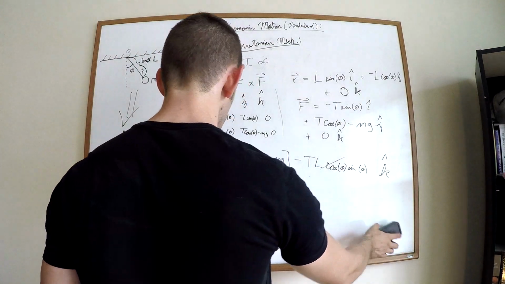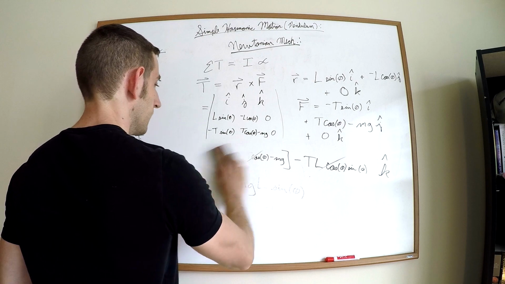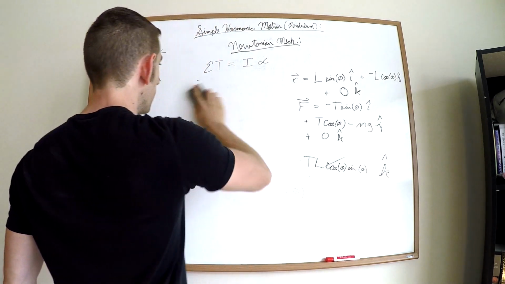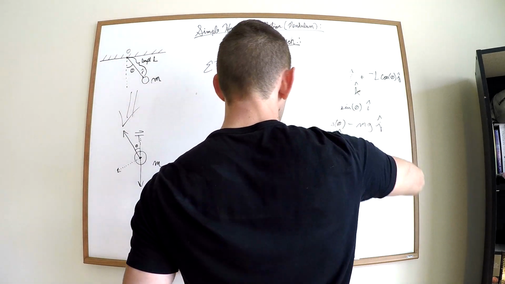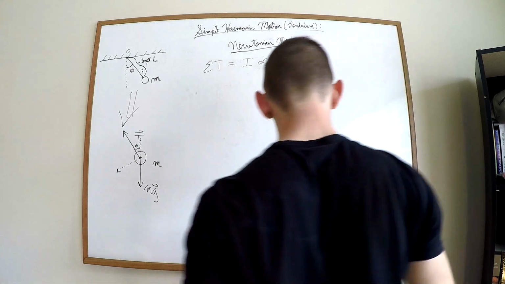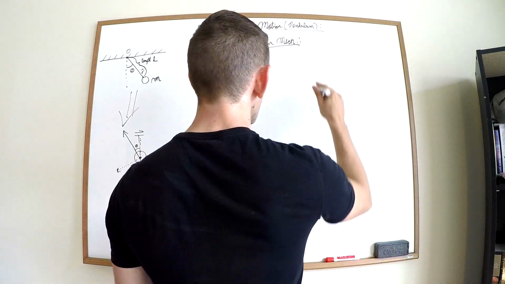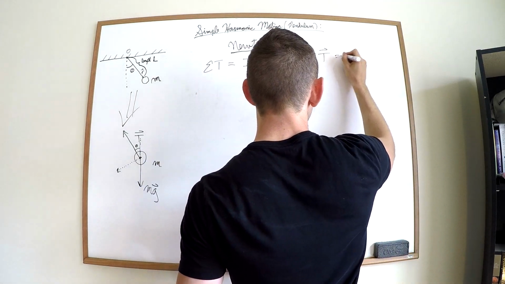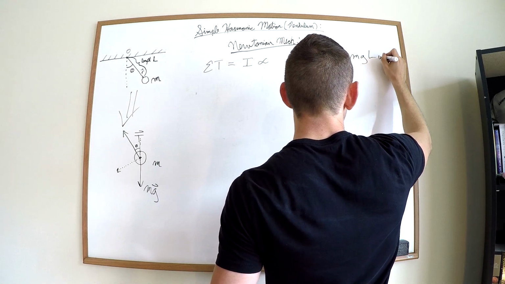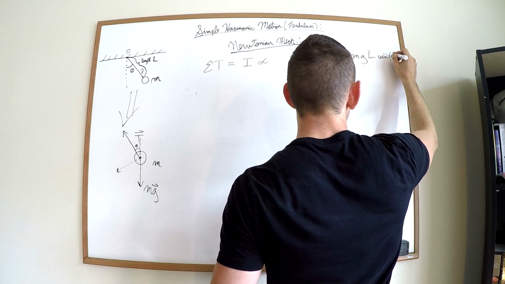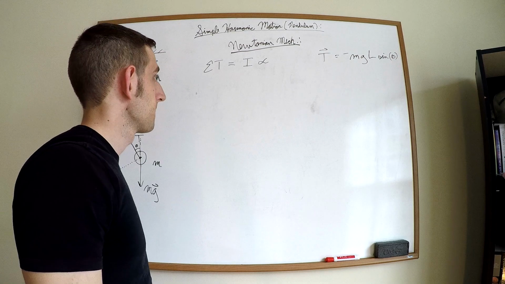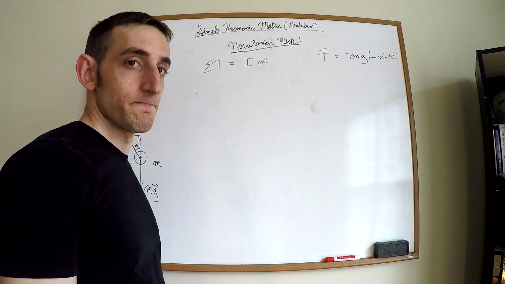So we're going to make some board space and write down our result up in the corner. Don't forget that. So we figured out that T equals negative MGL sine theta.